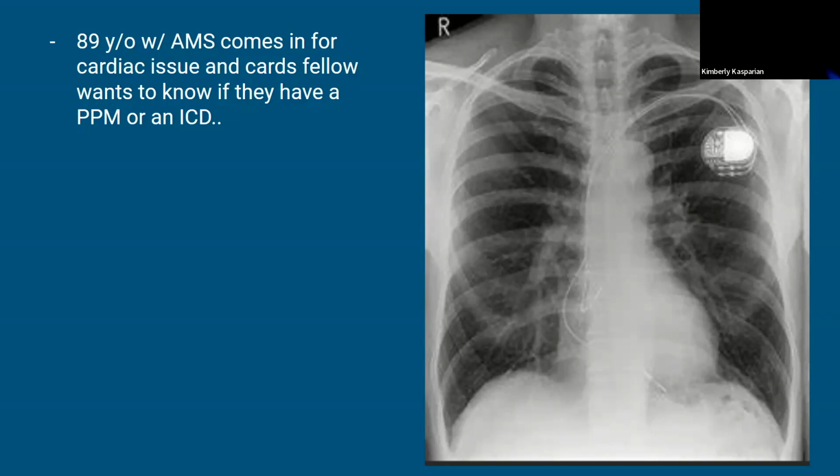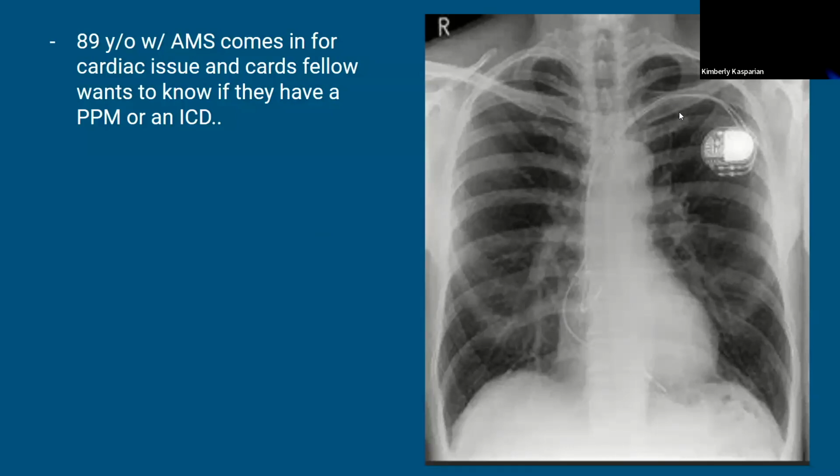How do you know from looking at the chest x-ray if this device is a pacer or an ICD? Does it have to do with the leads or the battery, or is it with cardiac positioning? So it does have to do with part of the leads.